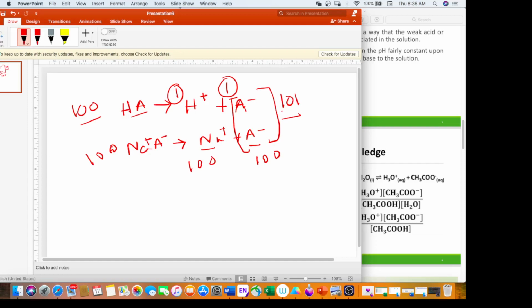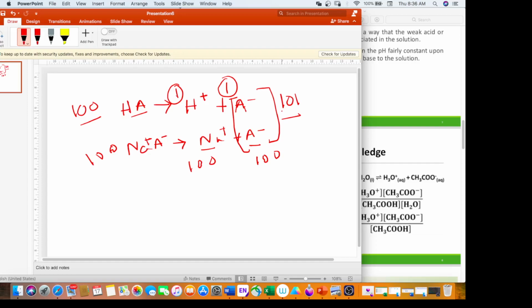Okay, so that means you can write this concentration as the concentration of the acid, because it is not changing that much. Clear? Because it is almost the same as the initial concentration, right?